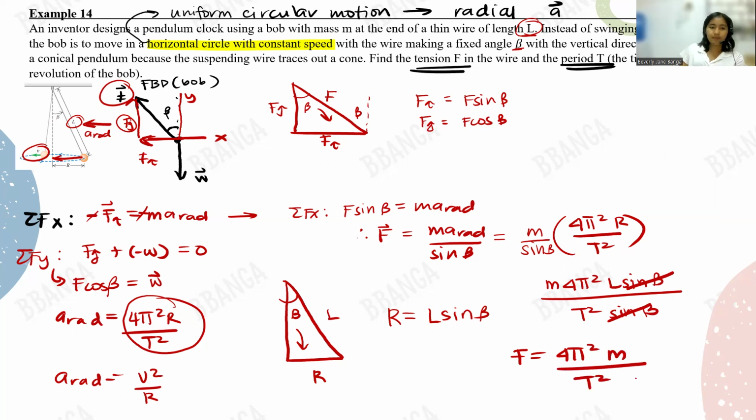Wait, parang may mali. Kasi hindi ko rin pala alam yung T. So, saan ko kukuhanin yung T? Where do we find T? So, hindi ko pala pwedeng gamitin parehas, no?